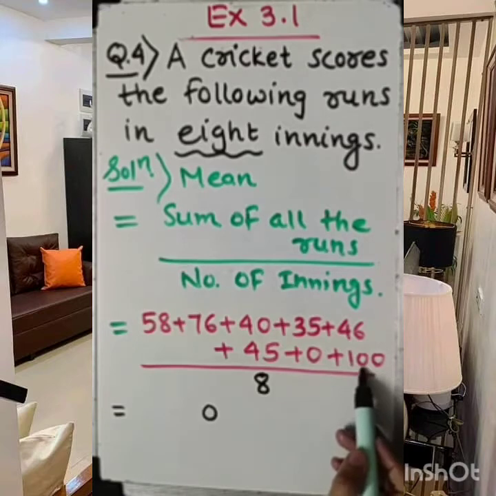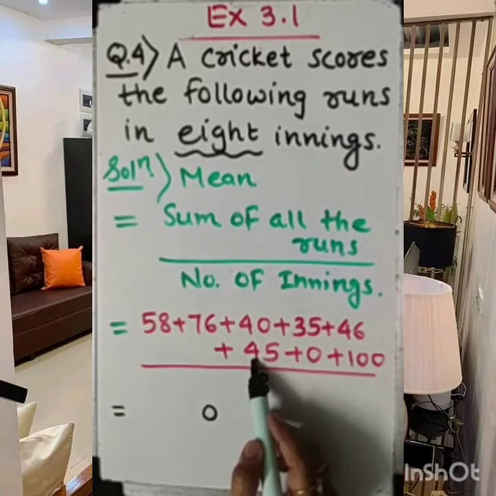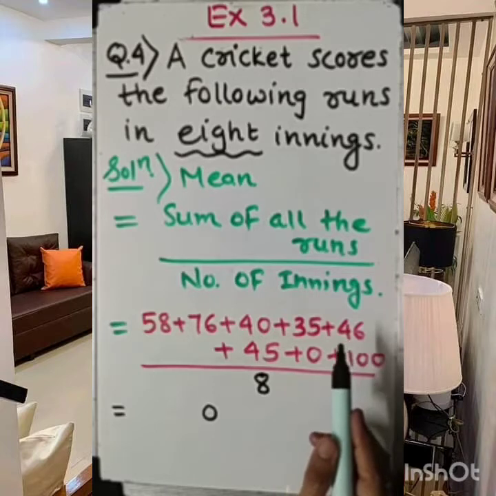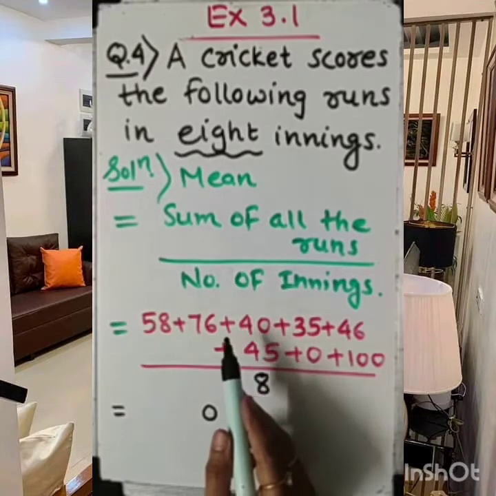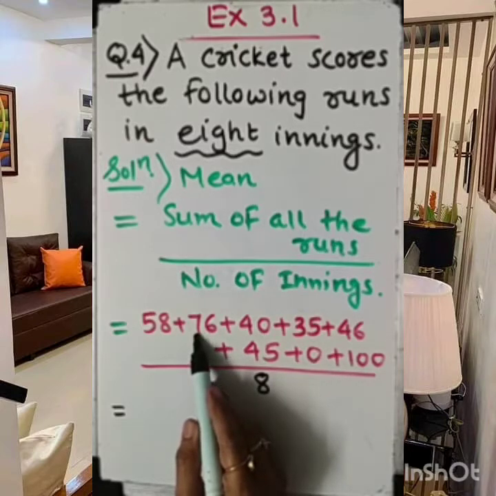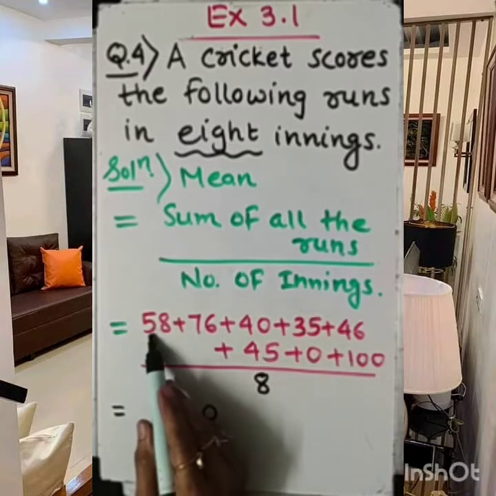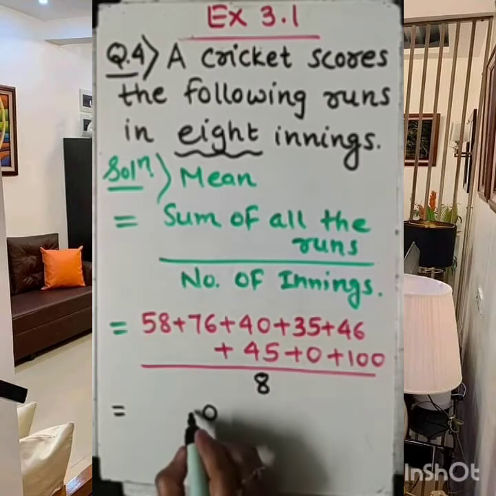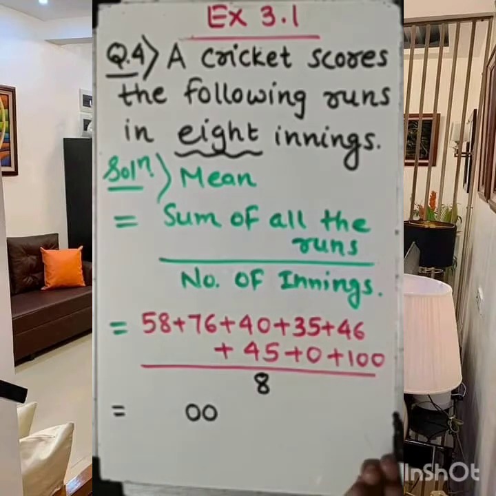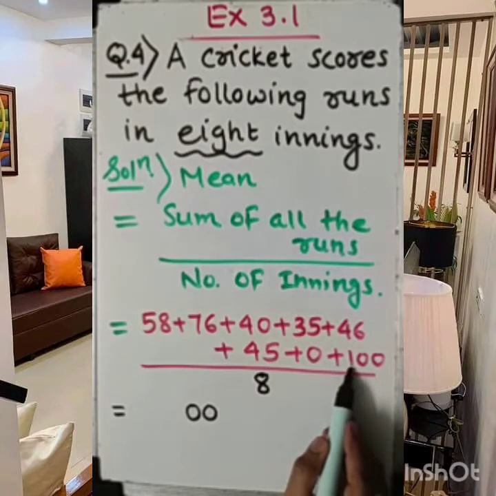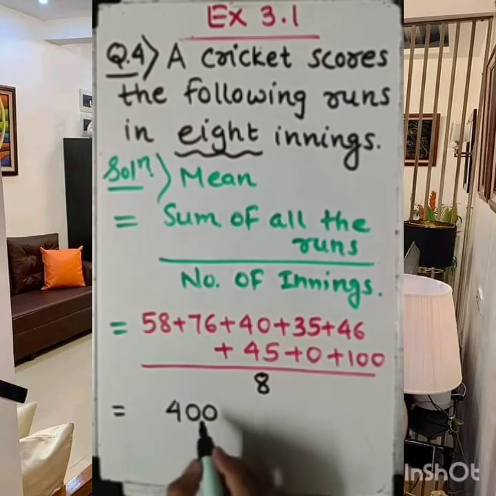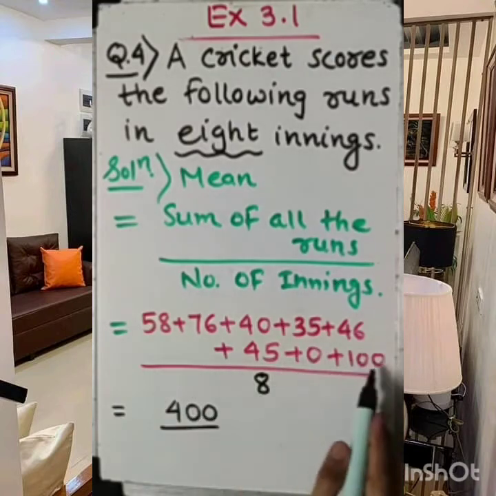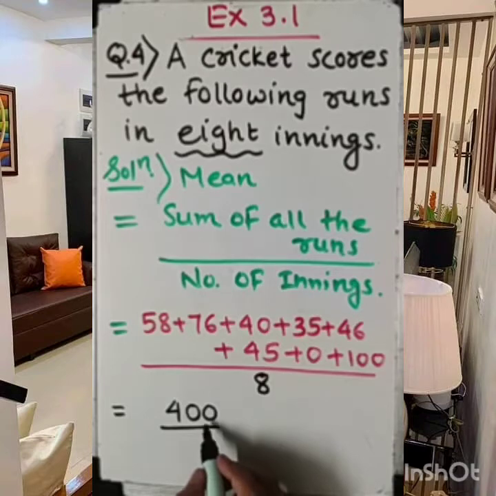So 3 plus 0, 0, 3 plus 4, 7, 7 plus 4, 11, 11 plus 3, 14, 14 plus 4, 18, 18 plus 7, 25, 25 plus 5, 30. So 0 and 3 carry over. Where to? Here it is 1 on the hundreds place plus 3, that is 4. So the sum of all these given observations is 400, that we need to divide by 8.